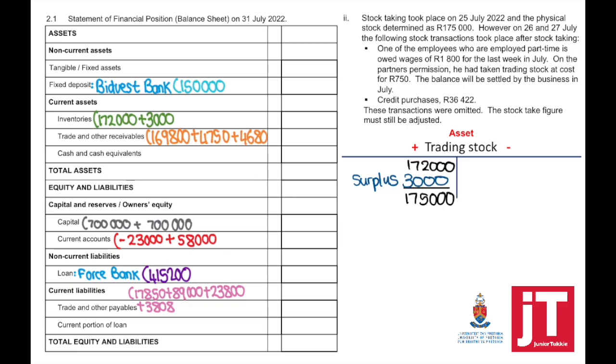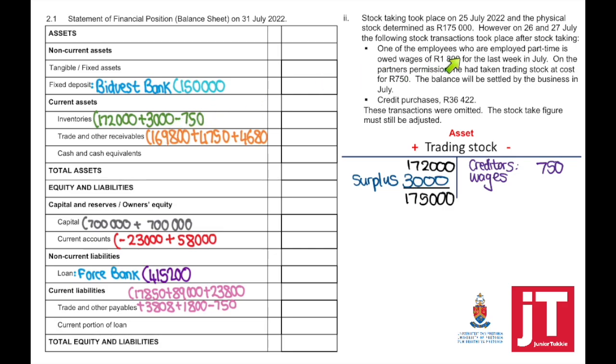The balance must be settled by the business in July. So the first step is we need to show that stock was taken by the employee. He took trading stock and the value of that trading stock was 750, which means trading stock is going to be credited. So we need to show minus 750 under inventories.